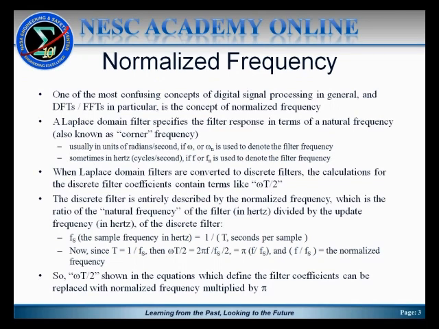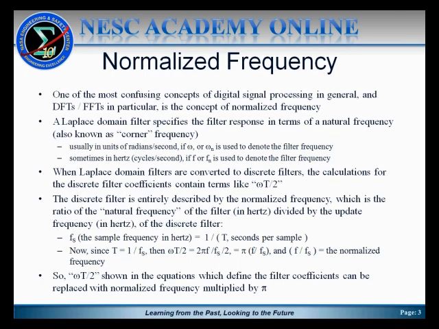Now, since T is 1 over Fs, the term that we talked about above, omega times T over 2, can be written in terms of frequency in hertz as 2 pi f, and then T can be represented as 1 over F sub S. So omega T over 2 is the same as 2 pi times F divided by Fs, divided by 2.